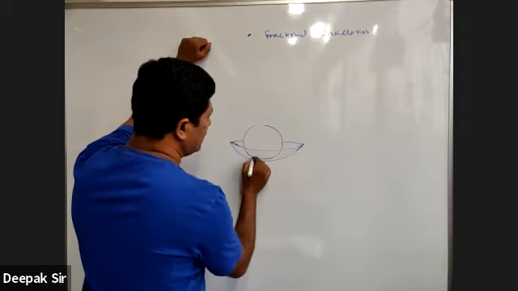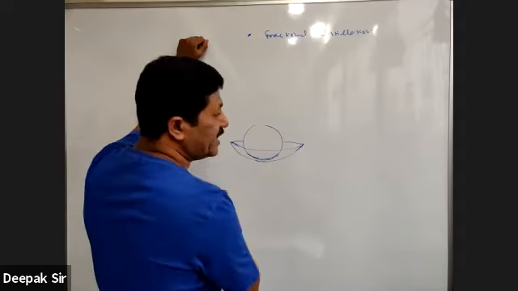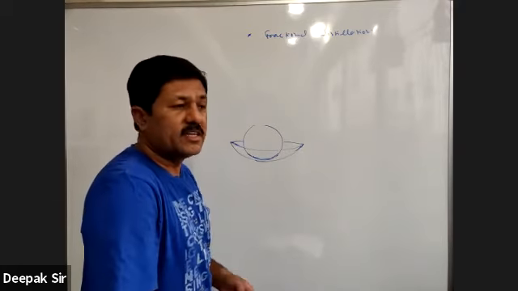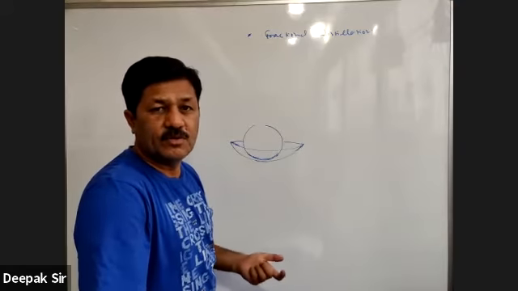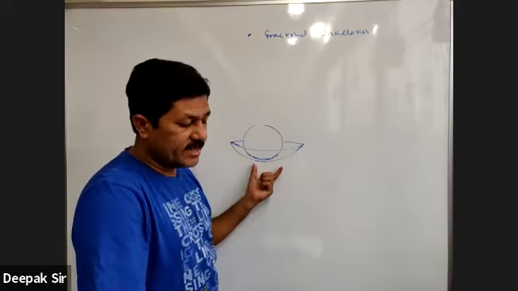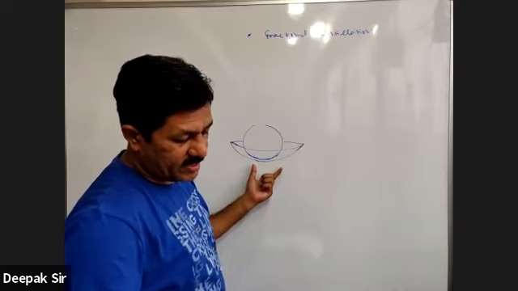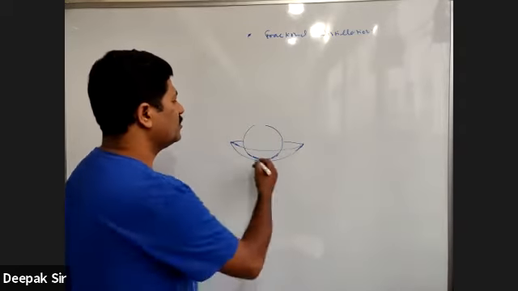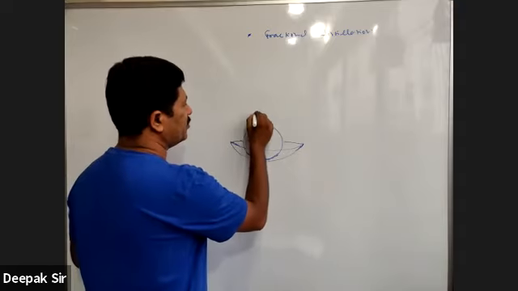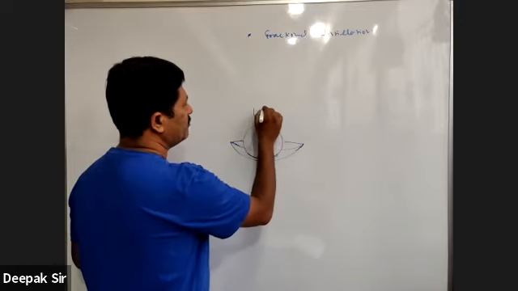Here it is placed inside in order to avoid direct heating, because liquids are there. If liquids are directly heated, there are chances they can break down. So that's why they are indirectly heated here, in an oil bath or a water bath. इसके अंदर heat किया जाता है. So this is the oil bath or water bath in which this round bottom flask is taken, and this is the round bottom flask over here.